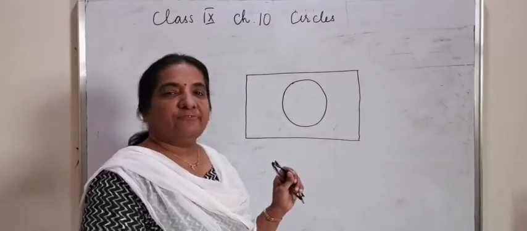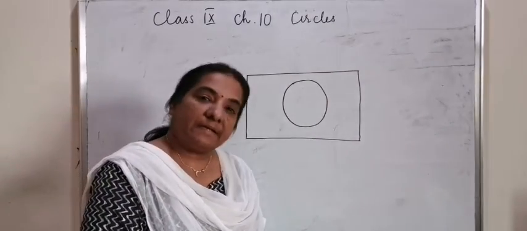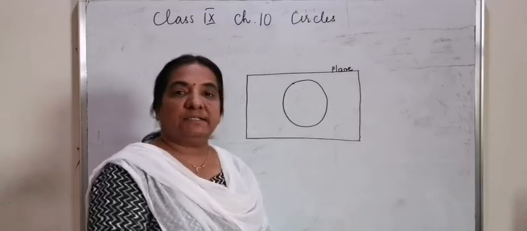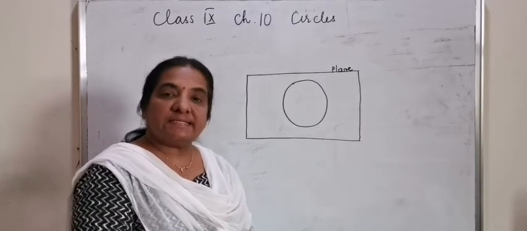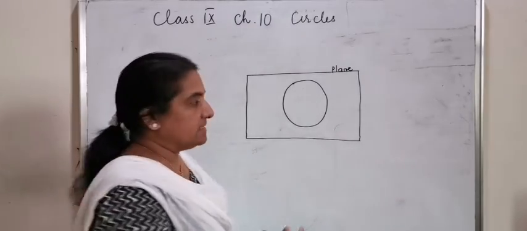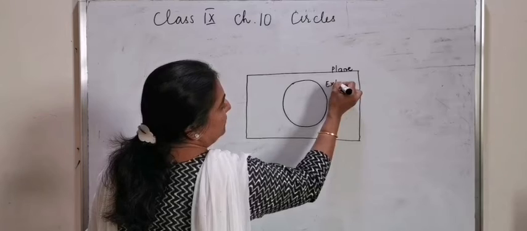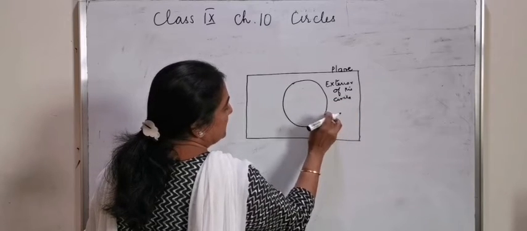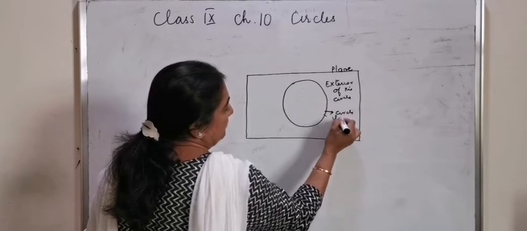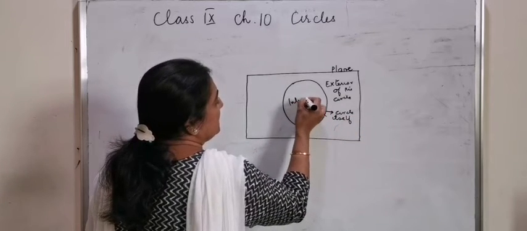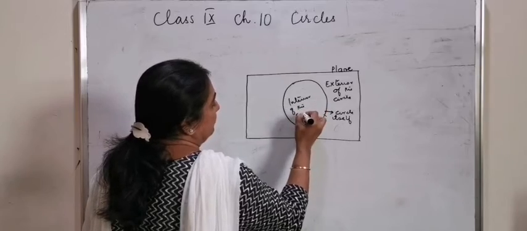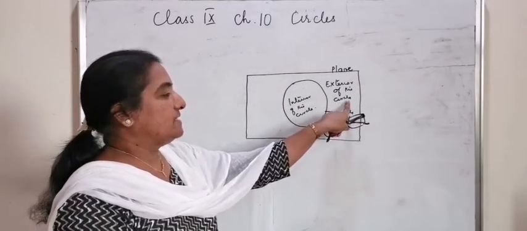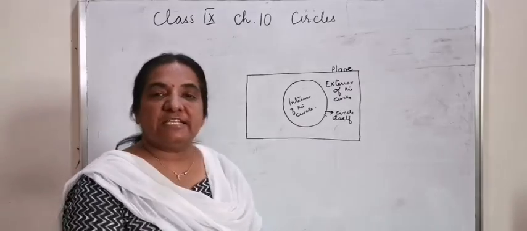In the figure here, if the rectangular region represents a plane and a circle is drawn inside this plane, the circle divides the plane into 3 parts: the exterior of the circle, the circle itself, as well as the interior of the circle.